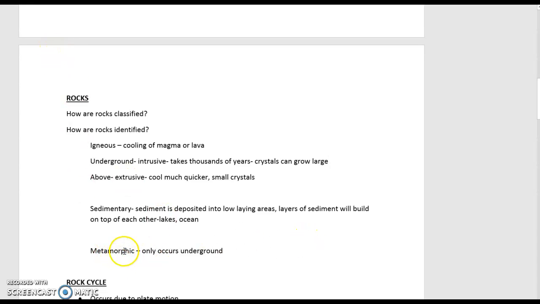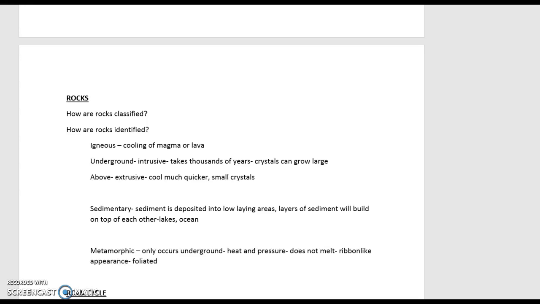So metamorphic, we're going to jump back to metamorphic here, only occurs underground. We know we have heat and pressure, and it does not melt. Metamorphic rock does not melt. Okay, and if we were to ever see a rock that has a ribbon-like appearance or a banded appearance, we would call that foliated.